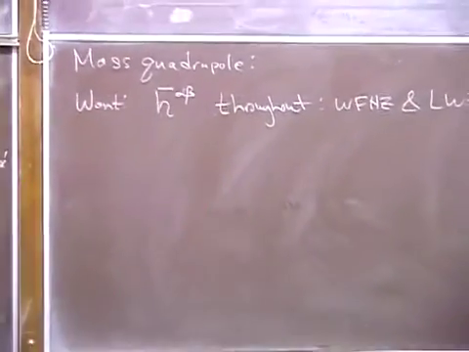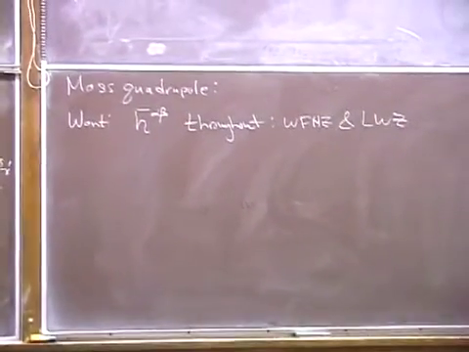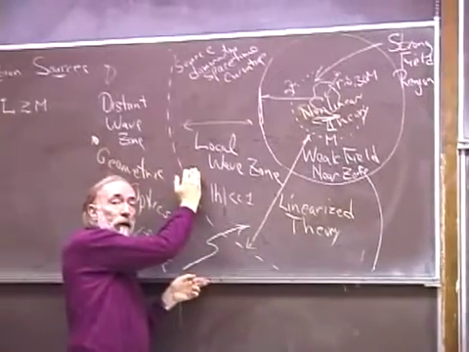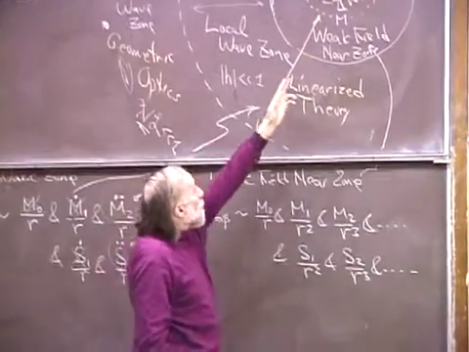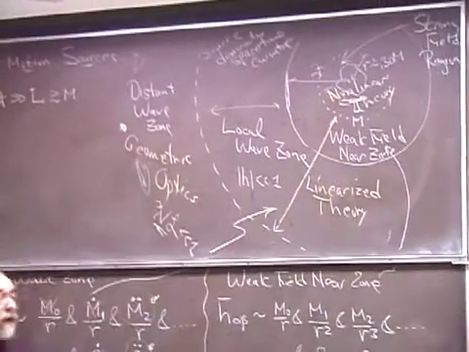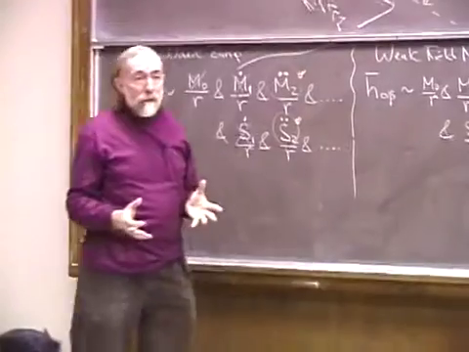So I need an expression that will work from here all the way out into and through the local wave zone. Which means when I make the transition from the weak field near zone to the local wave zone, I can no longer ignore time derivatives.